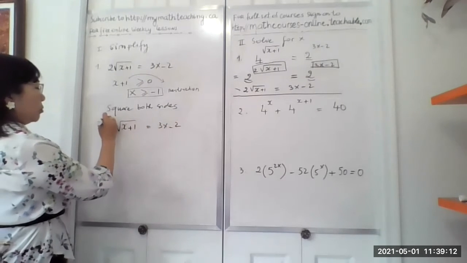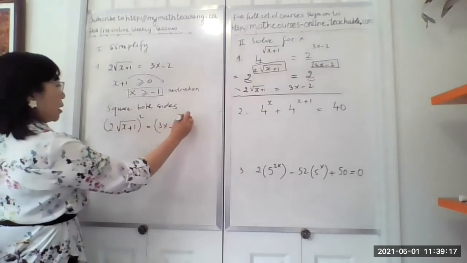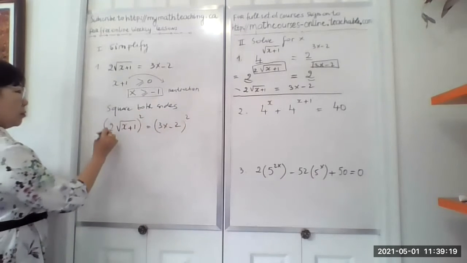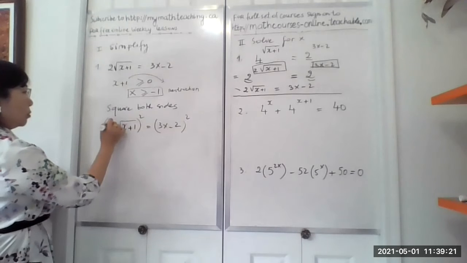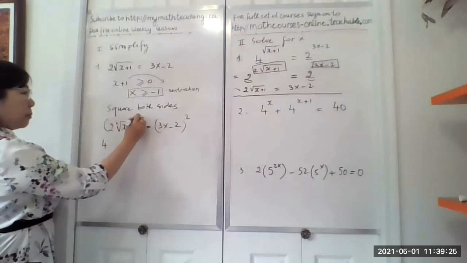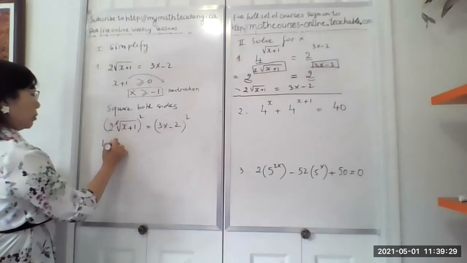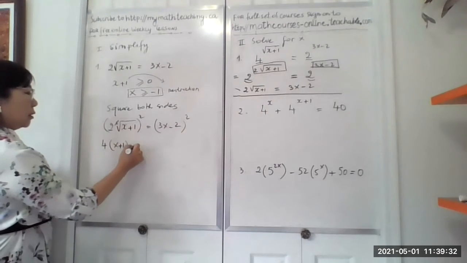And make sure I have to square the whole expression, right? Both sides like that. So this number will become 4, 2 to the power 2 is 4. And the power here will cancel out with the root. And we're left with only x plus 1.